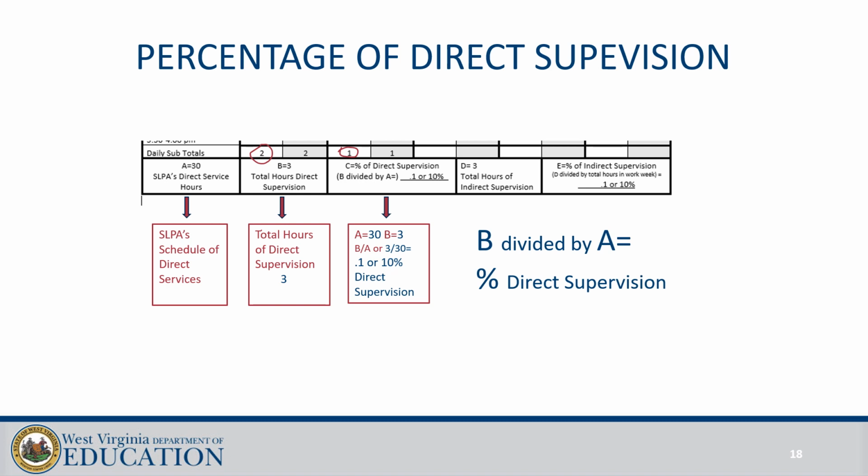In order to calculate a percentage of direct supervision, you divide B by A. You divide the number of hours of direct supervision by the total number of scheduled therapy sessions in a typical week.